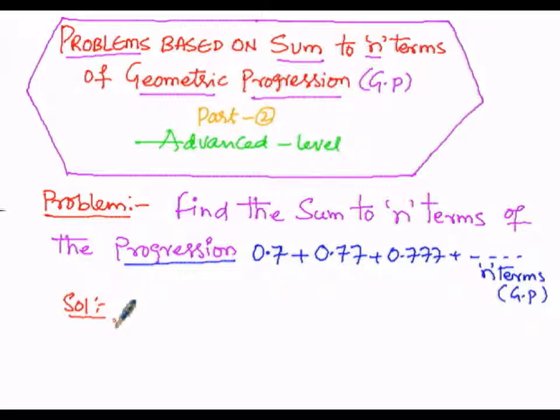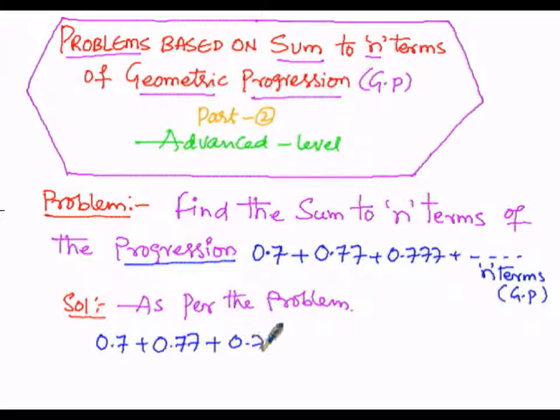Now, as per the problem, the geometric progression which is given to us is 0.7 plus 0.77 plus 0.777 plus dash dash up to n terms, and this series belongs to the geometric progression.